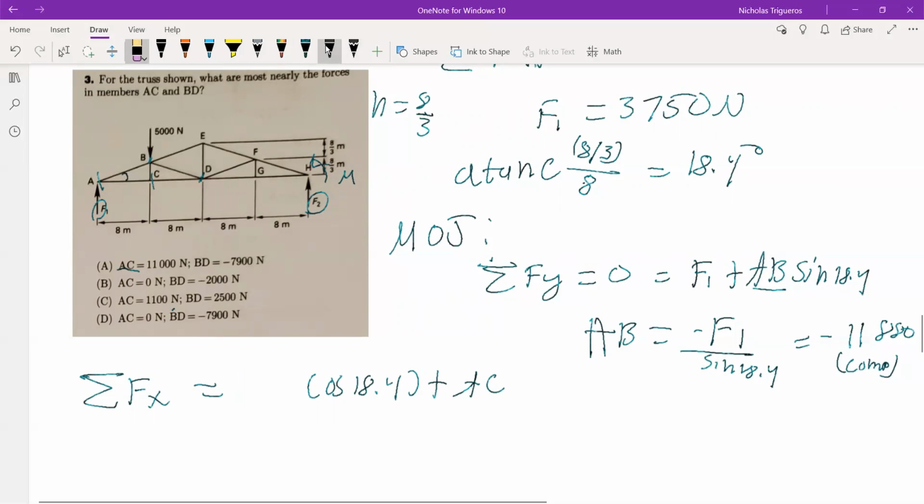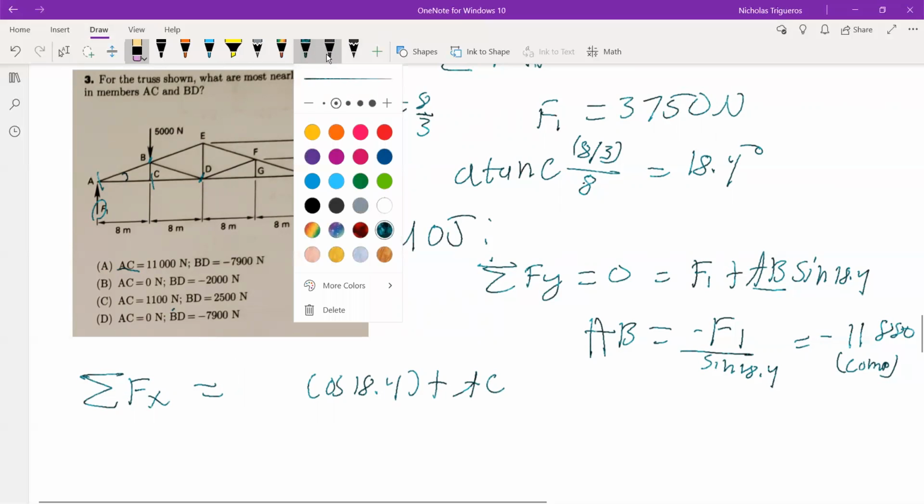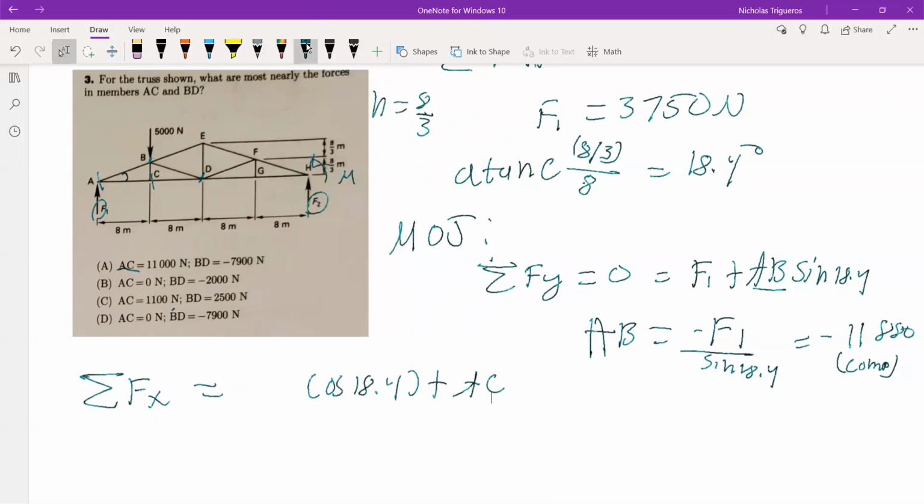Let's call it AB, to be consistent. AB cosine of that, plus AC is the sum of the forces in the X, which is 0. So AC is actually just the X component of AB.